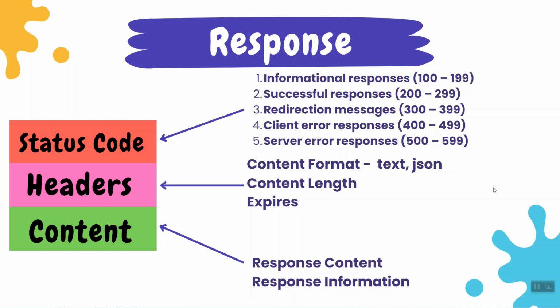Status codes from 200 to 299 show successful responses. Codes from 300 to 399 show redirection messages. 400 to 499 show client error responses. And status codes from 500 to 599 show server error responses.